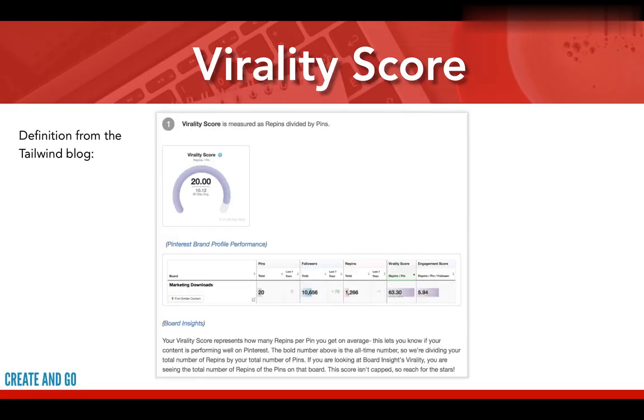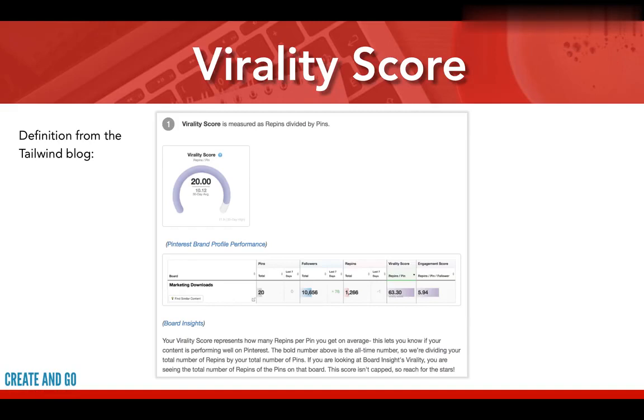And this is the definition straight from the Tailwind blog. If you visit the Tailwind blog that I explained before, they have a page with their definitions of all this, with a couple of screenshots and a little description. Your virality score represents how many repins per pin you get on average. This lets you know if your content is performing well on Pinterest.